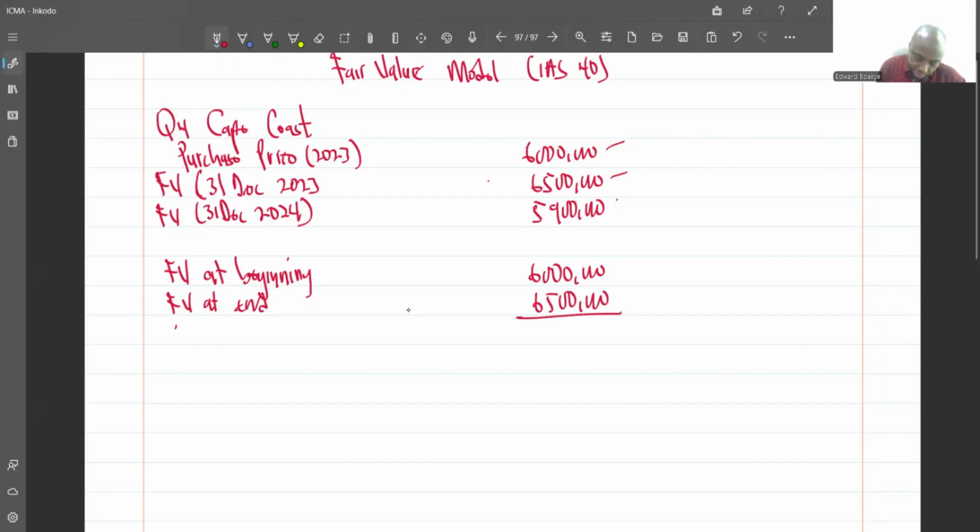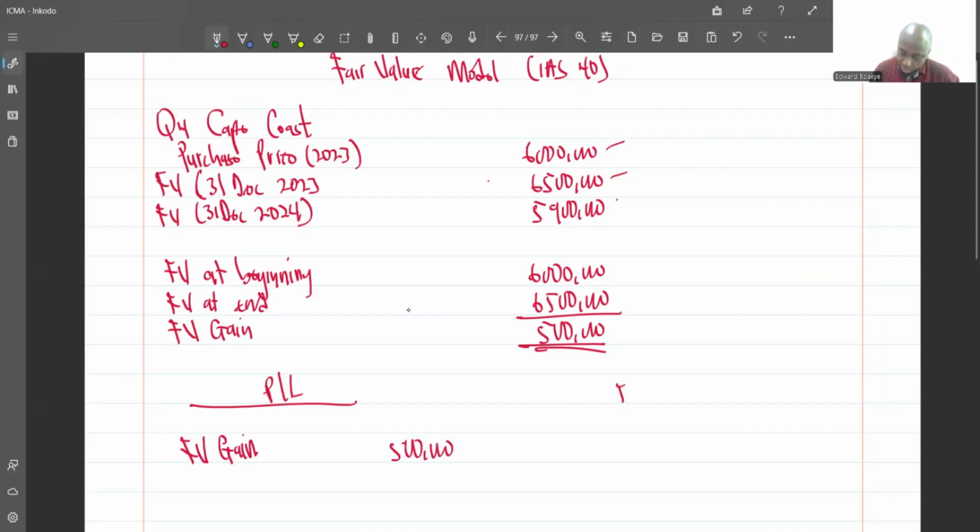So it means we have a gain. We have a fair value gain of 500,000. So if we go to our P or L, we have a fair value gain of how much?